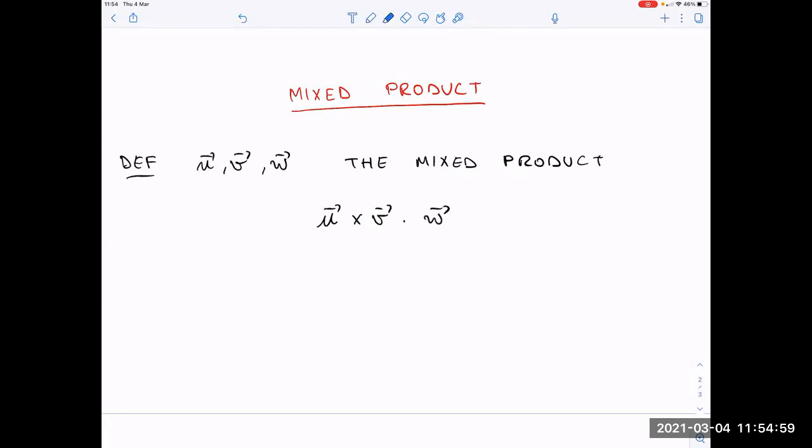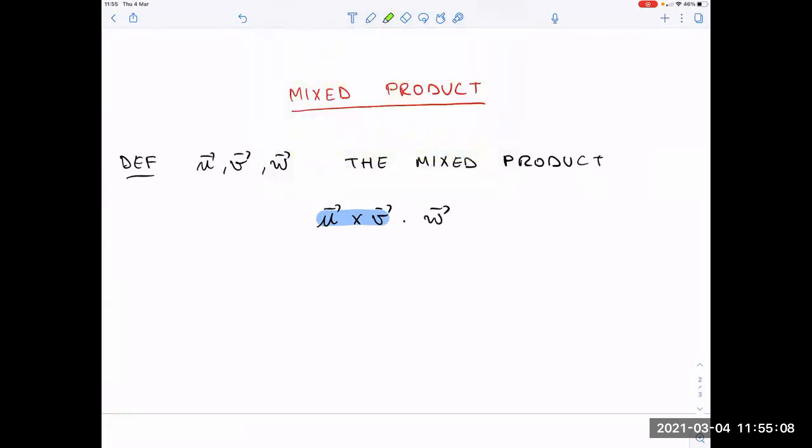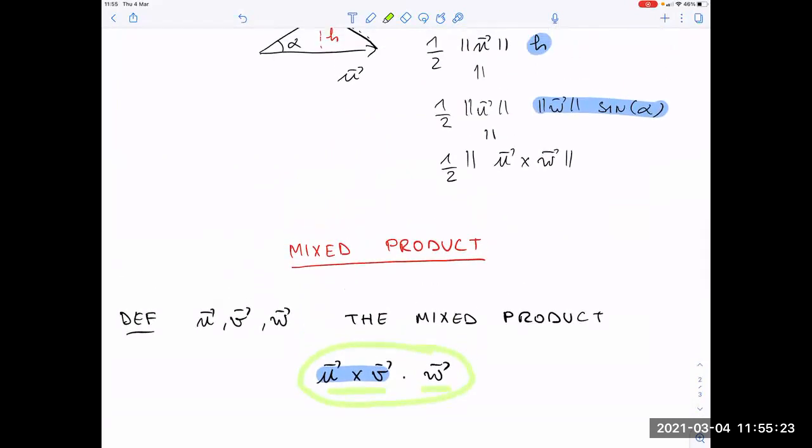So look, you compute the cross product of these 2 vectors, which is indeed a vector, and then the dot product of 2 vectors, right? This one and this one there. So in the end, you get a real number as a result of the mixed product. The mixed product, so, is a real number.